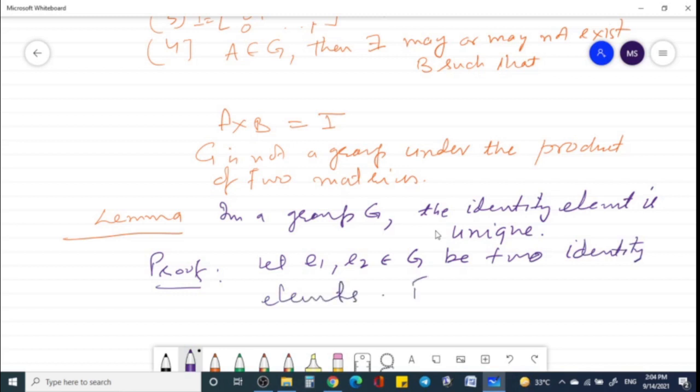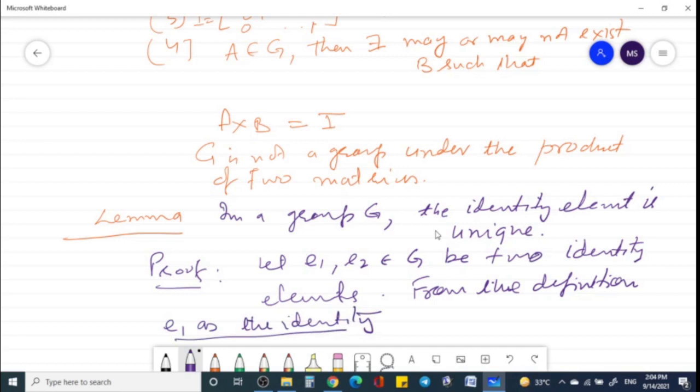So from the definition, if we take E1 as the identity and E2 as any arbitrary element, it implies E1 E2 equals E2 and E2 E1 equals E2, because E1 is the identity element, so if we operate with E2, the resulting element will be E2.